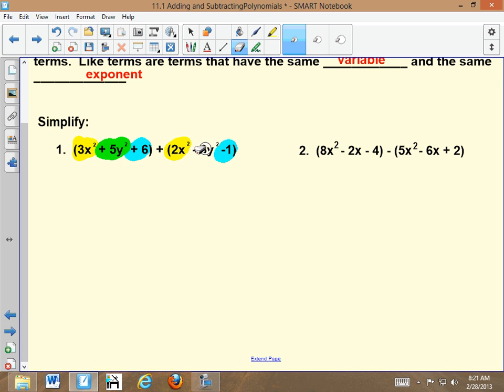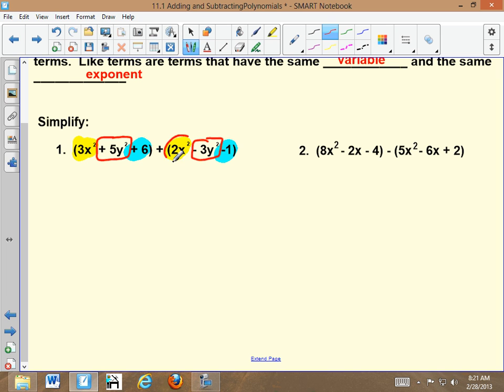If you don't want to get highlighters, you can simply, okay, I'm going to box my y squareds. I'm going to circle my x squareds. And notice how I box and circle the sign with the number. And then I'll put a triangle or a funky shaped triangle around my numbers without letters. Something that lets me know that those go together, okay?